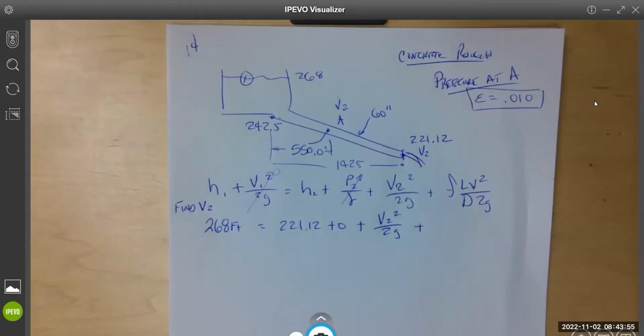We need velocity to get the Reynolds number, so we can't use Moody's diagram directly. So in order to use Moody's diagram, we make a guess at this friction factor. Remember, we have to set that equation up, which we're doing right here. They walk you through it in the example problem that we did before. That's why I used that example problem. If I can find it. Yeah, it's here.